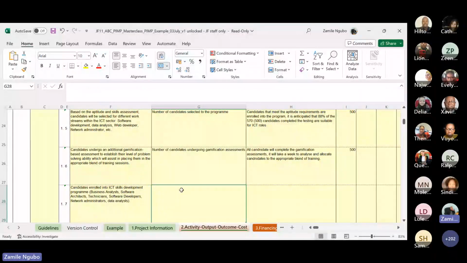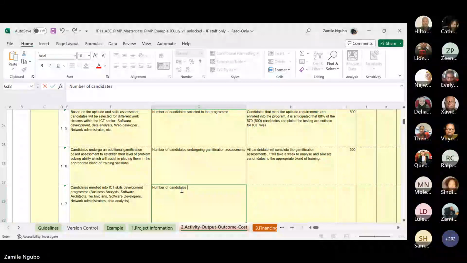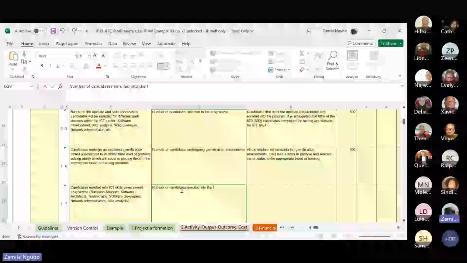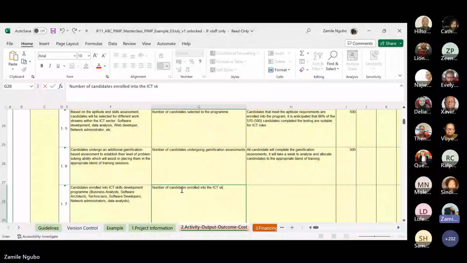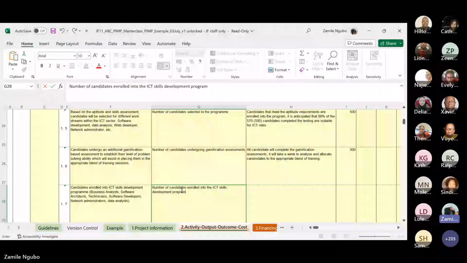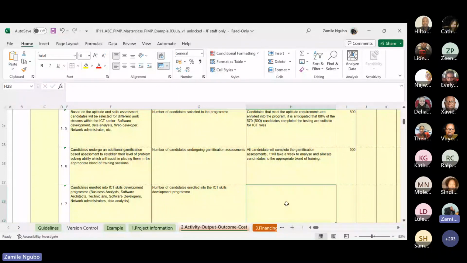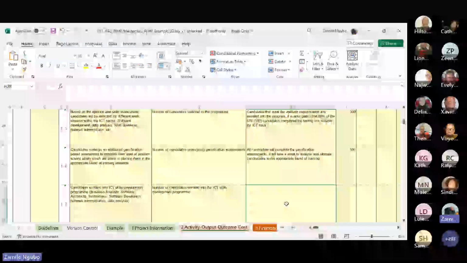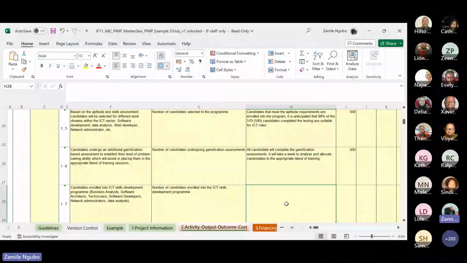So the output there will be the number of candidates enrolled into the ICT Skills Development Program. So we are assuming that all selected candidates are enrolled and are ready to begin the training program in period 2.